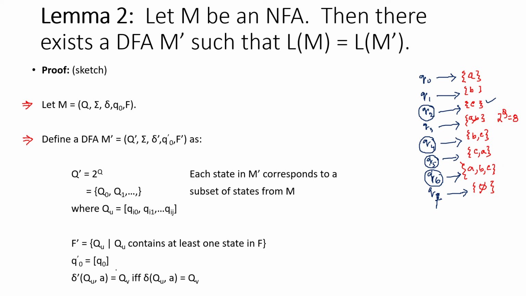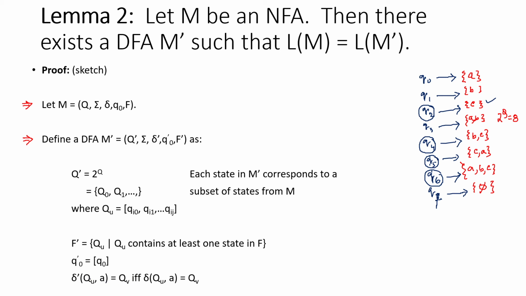And naturally this q0 will be this one, and this q0 can be some single state, or a subset of states, whatever, it depends upon the situation. And we can write the transition function delta dash in this way. Just assume that qu is some state and qv is some other state.